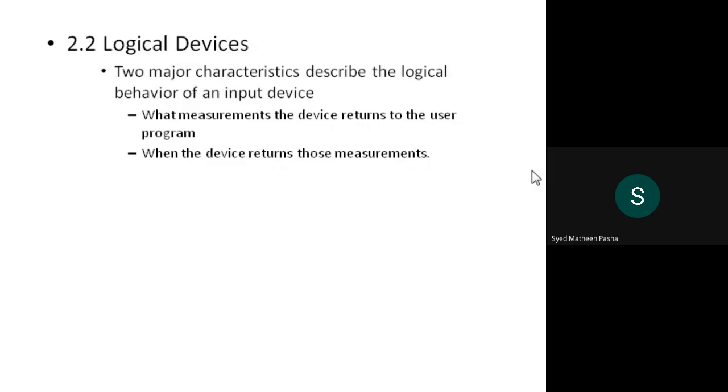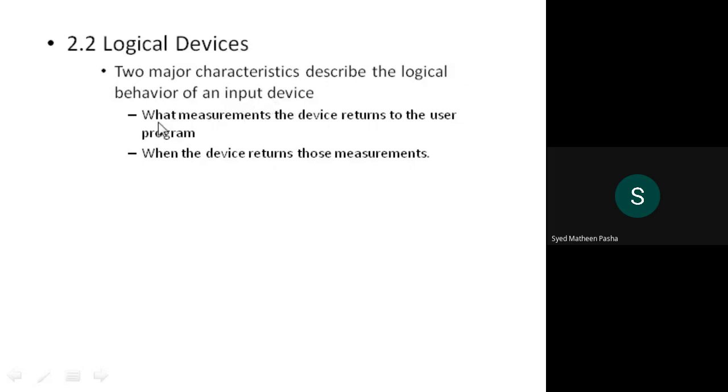I can describe a logical device as a repository object that basically represents a physical device. That is, this logical device uses some categories with the help of which you can represent input devices. In logical devices, there are two major characteristics which describe the logical behavior of input devices.